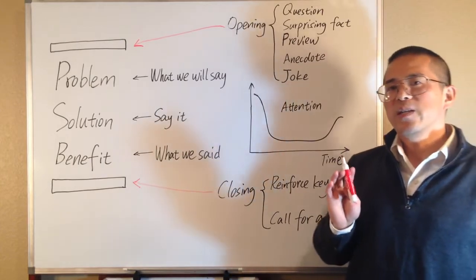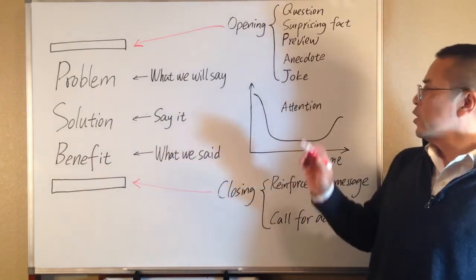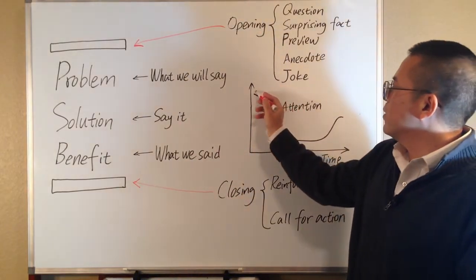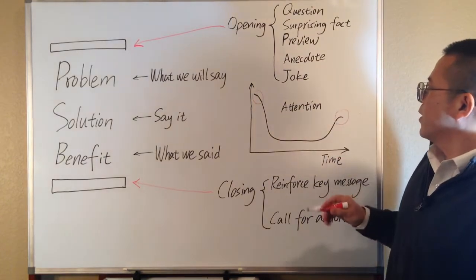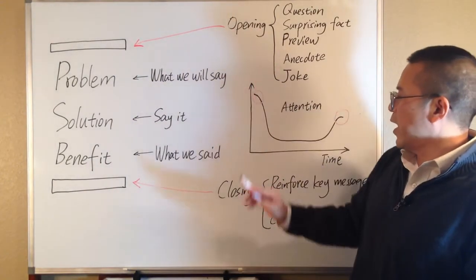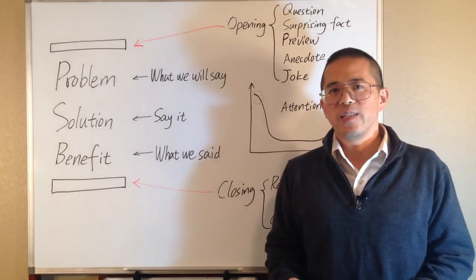In order to make an impressive presentation, we should make the best use of these 2 golden short periods. Both the opening and the closing of our presentation should be carefully designed.